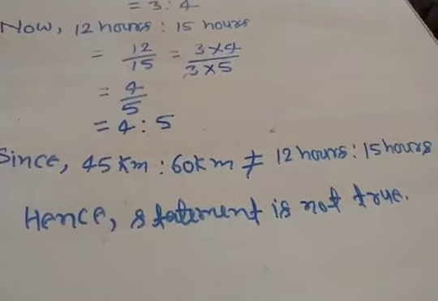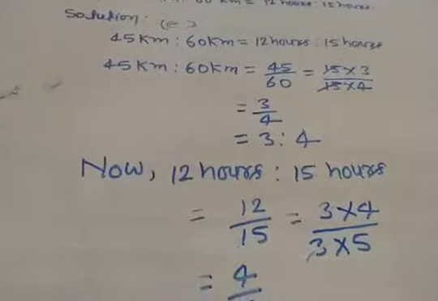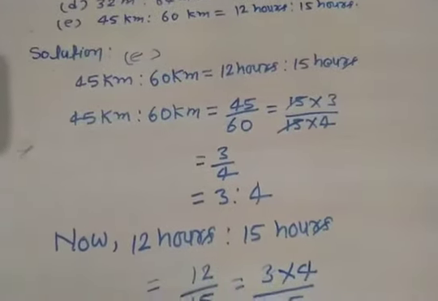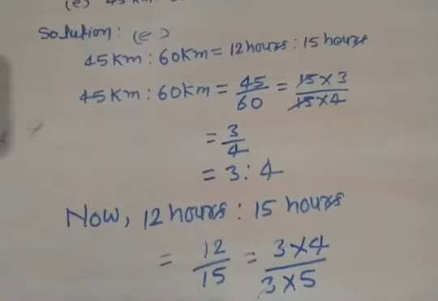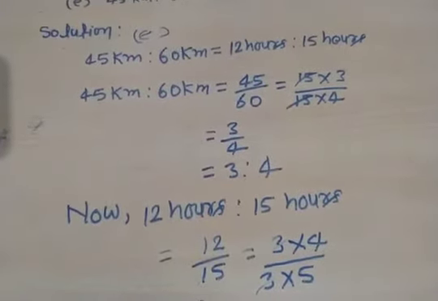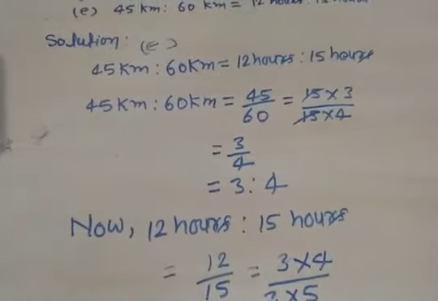Students, I hope all of you understood. Let's see the whole solution again. This is given part of question number 3: 45 kilometer ratio 60 kilometer and 12 hours ratio 15 hours.